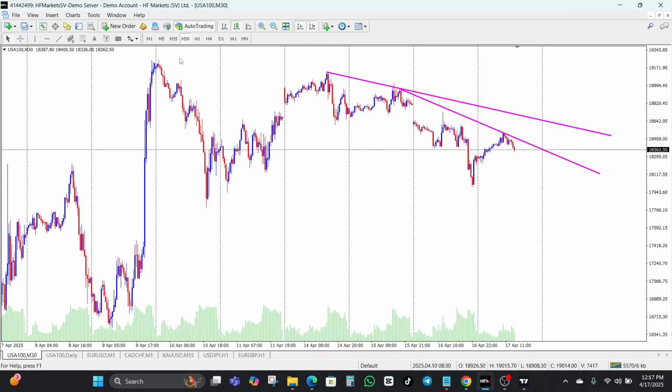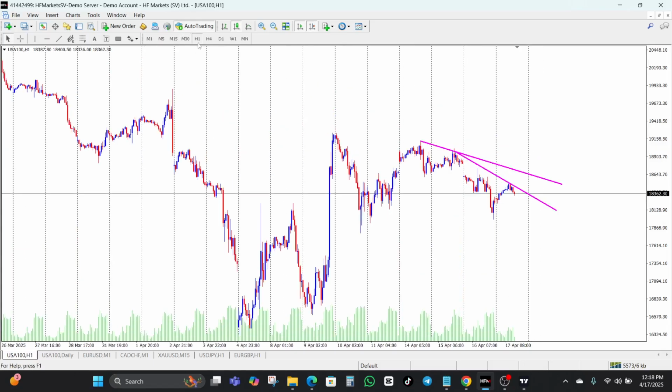Depending on your trading style, whether you're a scalper, day trader, or swing trader, it's going to determine the time frame you're going to be working on. But you can decide to start on the 1 hour chart. Your first task is to identify whether the market is trending or ranging. That's the first thing you have to do.